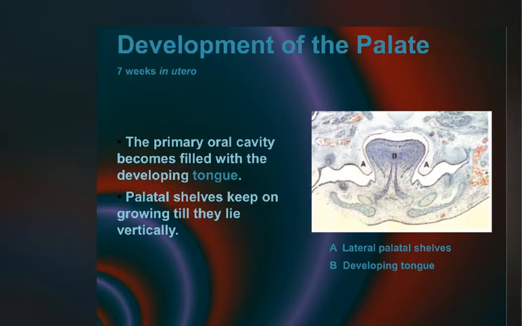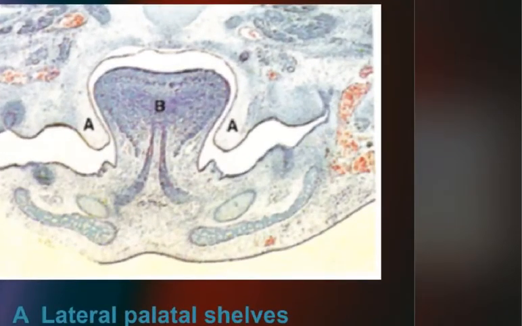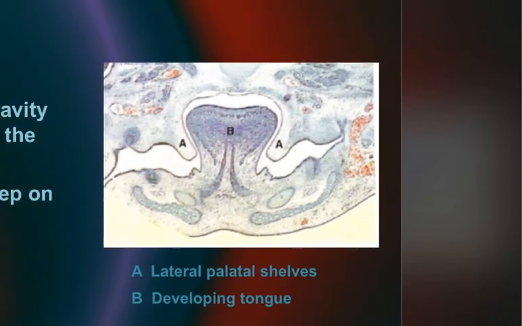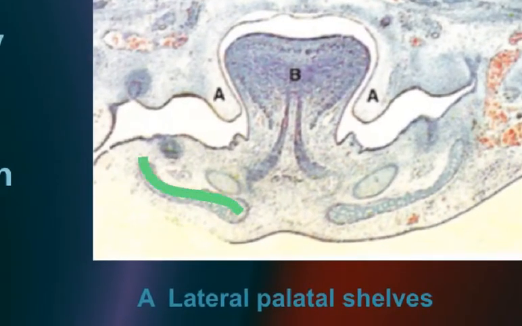Palatal shelves keep on growing till they lie vertically. Letter A here, lateral palatal shelf. B, developing tongue. Here we see Meckel's cartilage, developing mandibular bone, tooth germ.